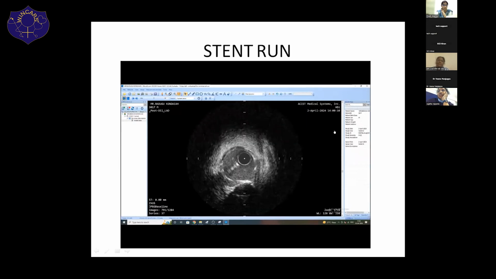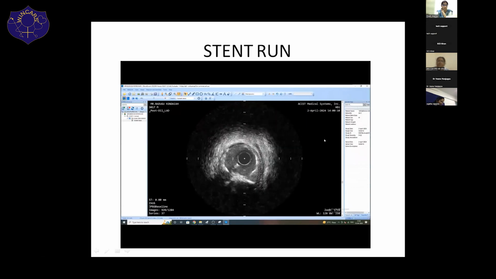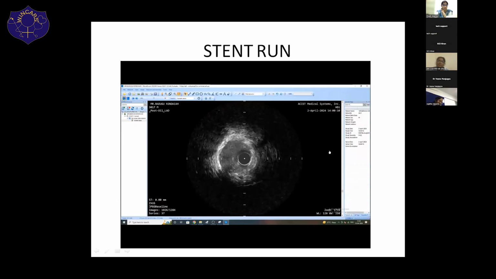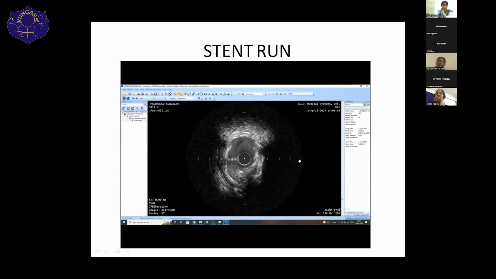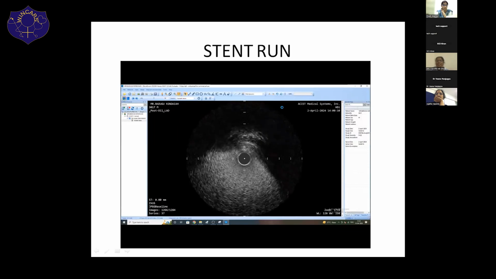Some malapposition was seen here, but we did not want to go after it because the lesion was well prepared and well expanded.